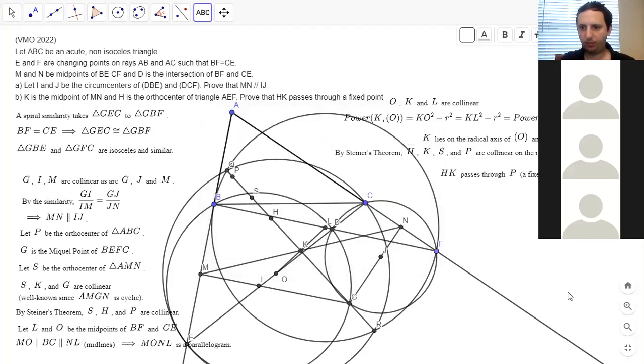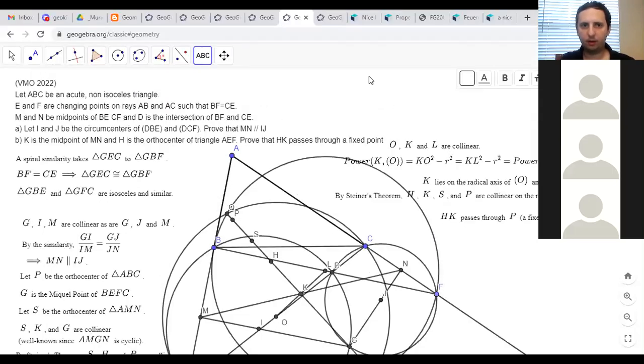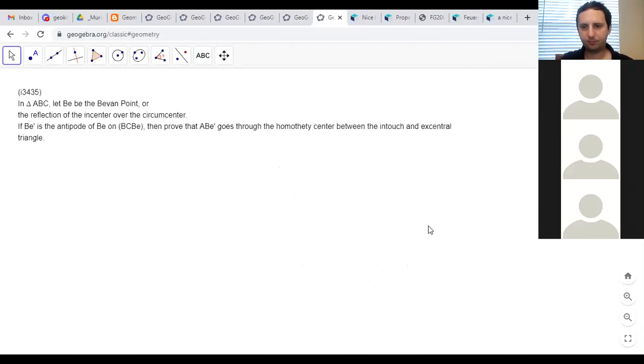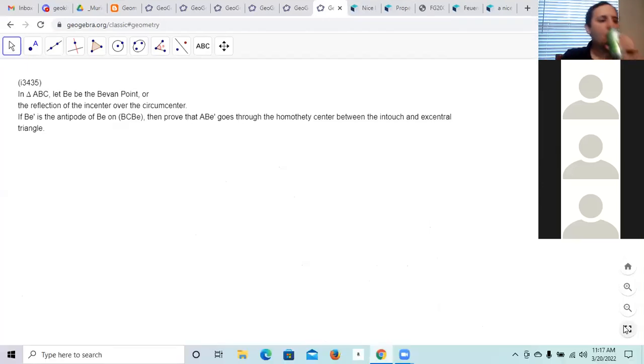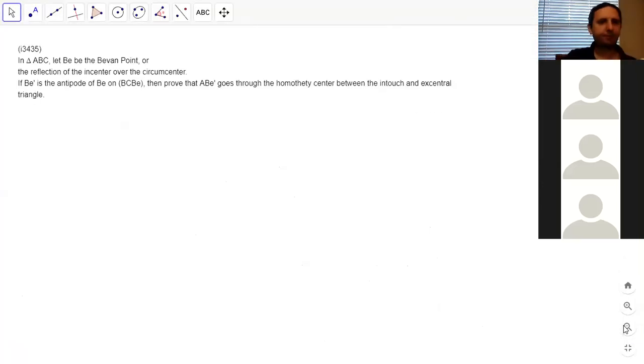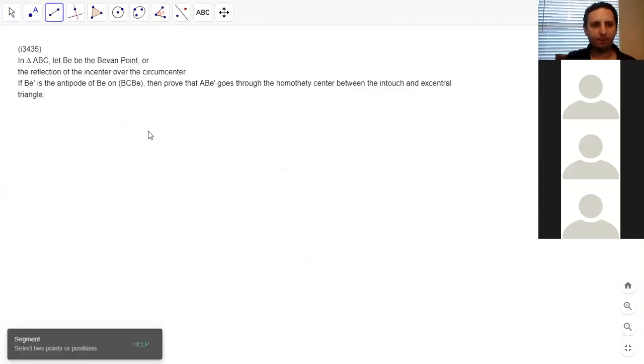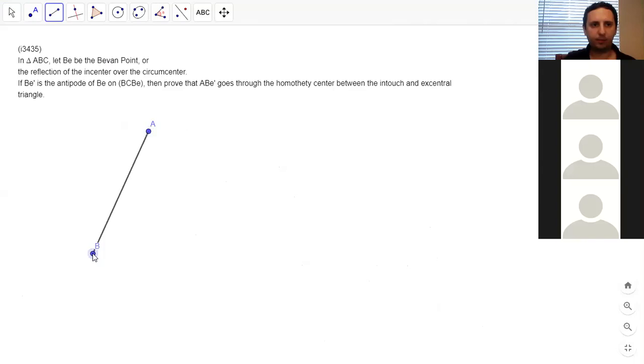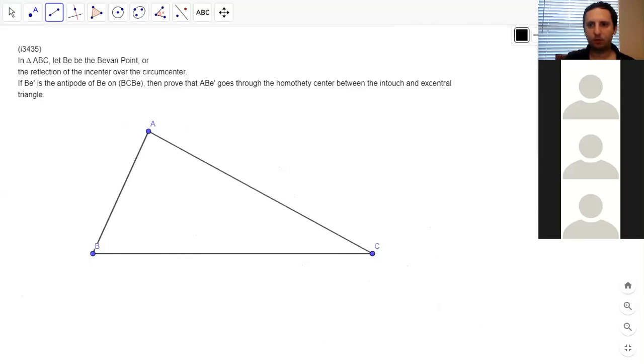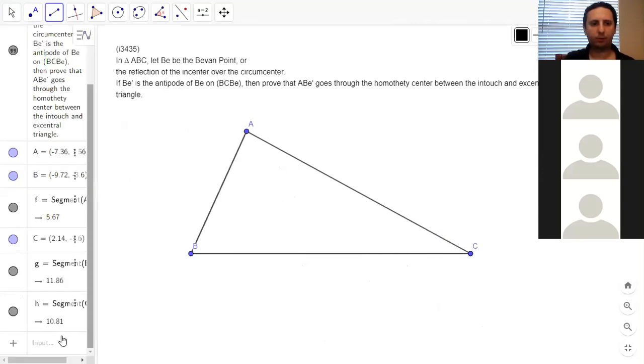So the next one used the Bevan point. So we have a triangle ABC. So the Bevan point is the reflection of the incenter over the circumcenter. I think there's other ways to define it too.